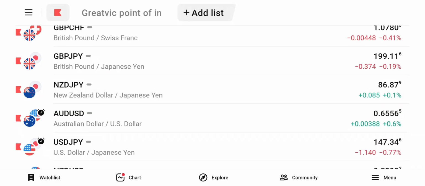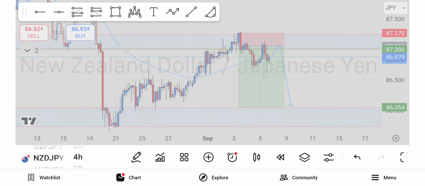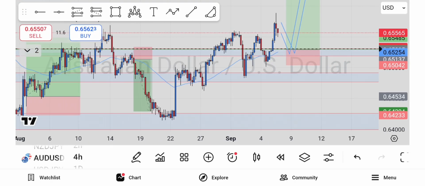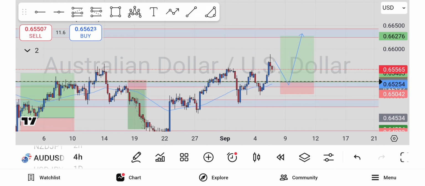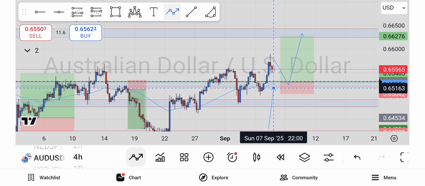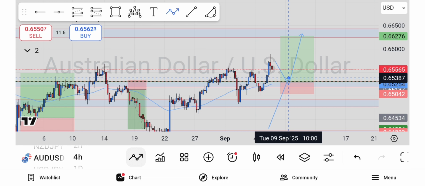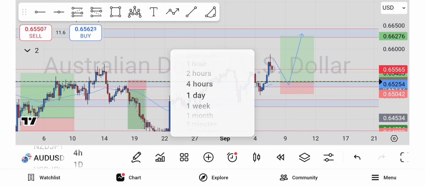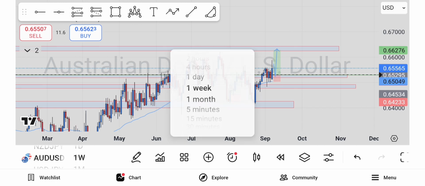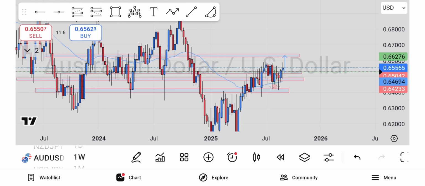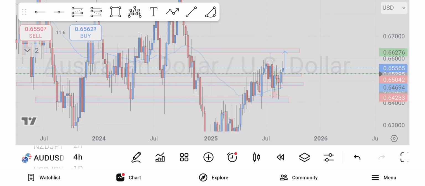Then AUD USD, as you can see, we are expecting price to come back to this support zone so that we can buy AUD USD. We have price on the uptrend on a daily, and on a weekly we also have price on the uptrend.